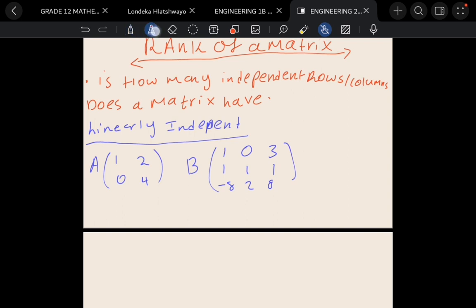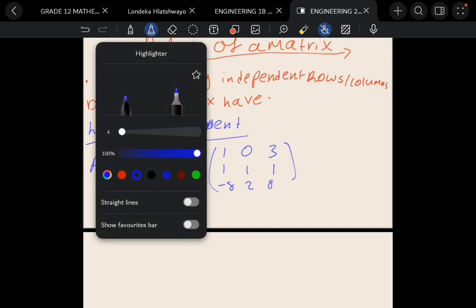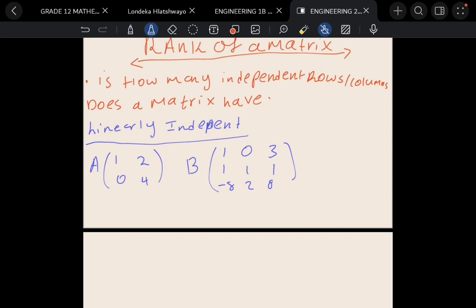Now, if you can take note, you have row 1 on top, and then row 2 on the bottom, row 1, row 2, row 3. This entire row at the top, which is row 1, is different from the entire row 2.